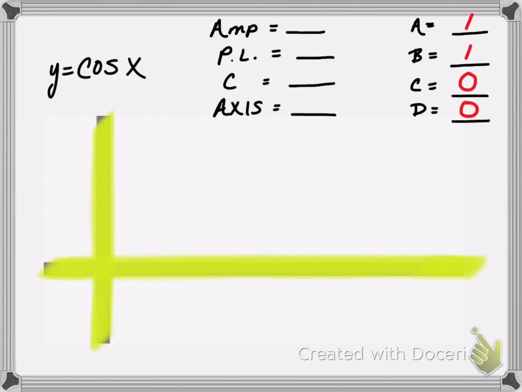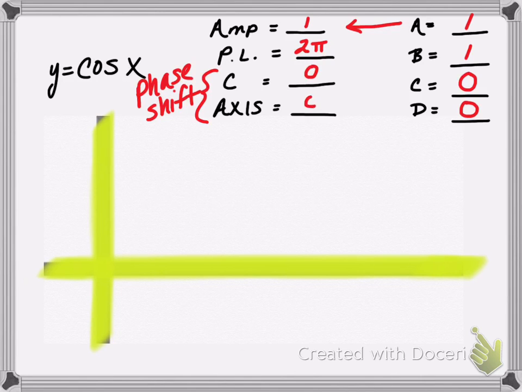And again, these things correlate to amplitude, period length, and then phase shift, which has to do with both C and D. So the amplitude is 1, the period length is 2 pi divided by 1, which is just 2 pi. C is 0, and the axis, again, is 0.